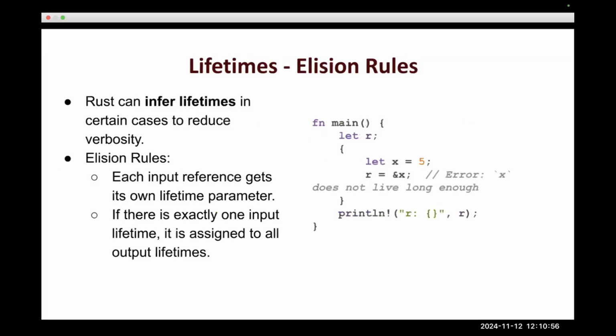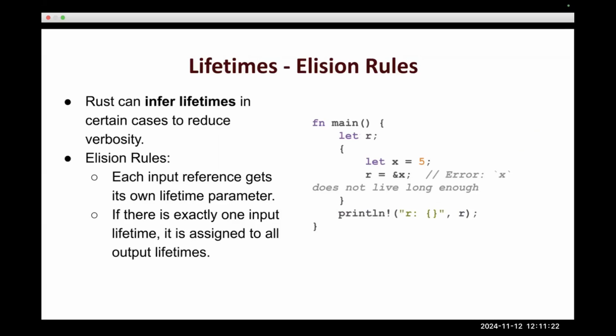So there is also, again, the Rust designers are smart people, so they define the so-called elision rules. What they say is that Rust can infer lifetimes as long as certain conditions are satisfied.